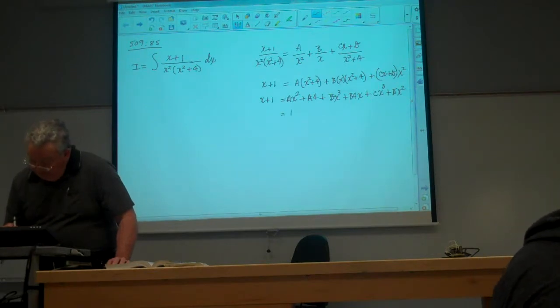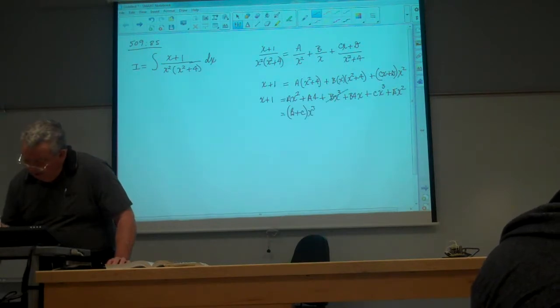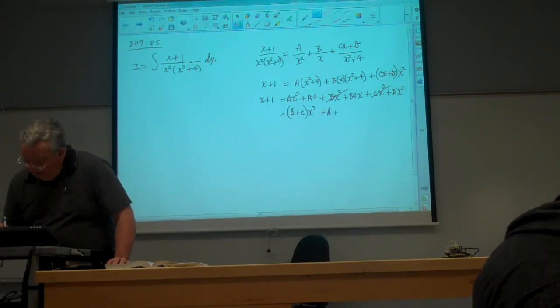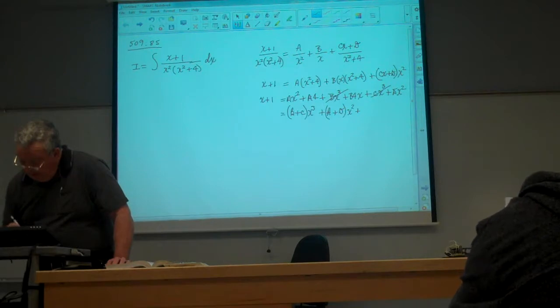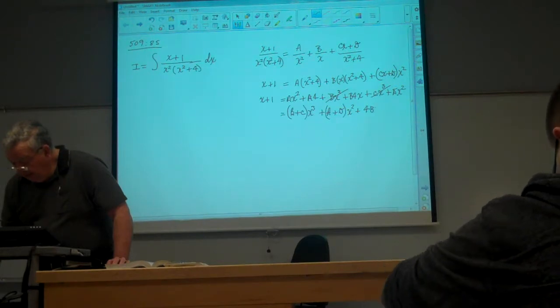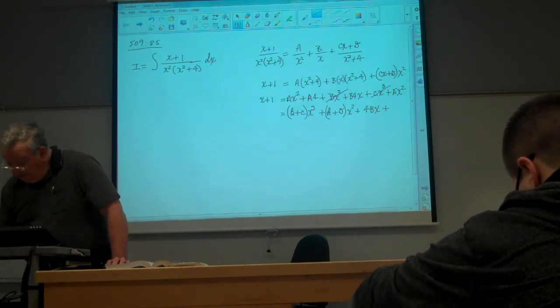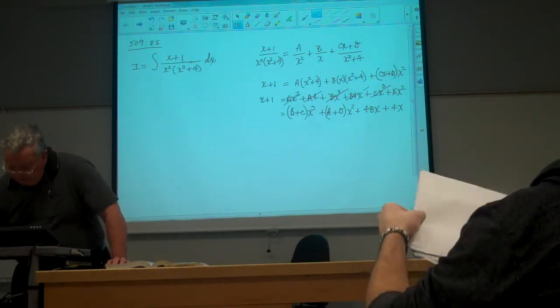That means that b plus c times x cubed, that's this one and this one, plus a plus d, I could go ahead and use d, plus a plus d x squared plus 4bx plus 4a. 4bx, 4a, and the x squared.